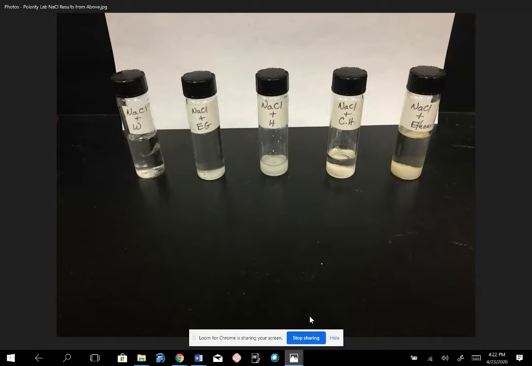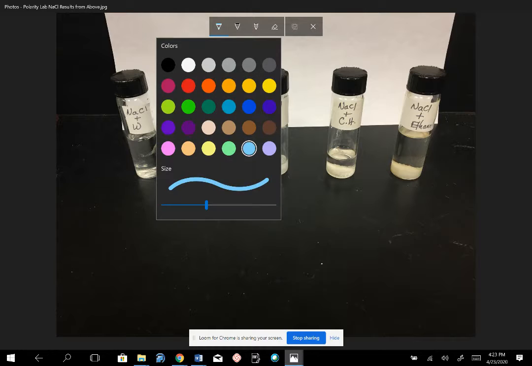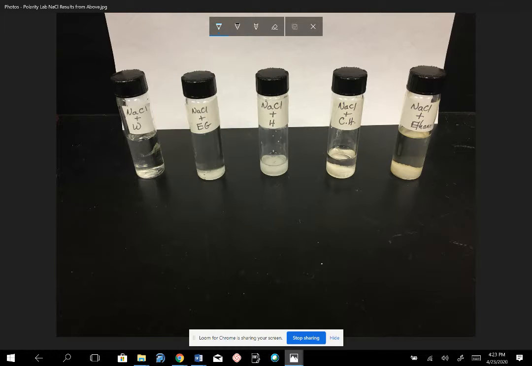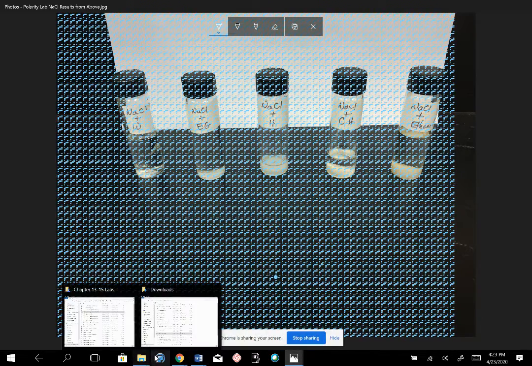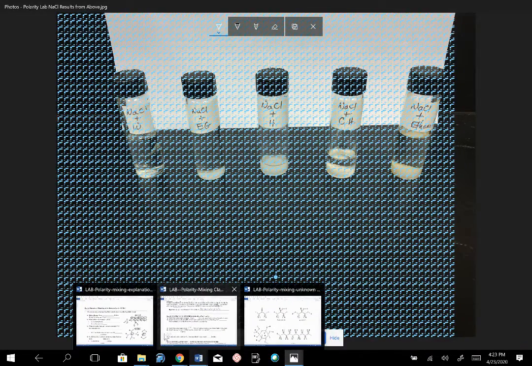And you should be able to see, where's my pen? So you should be able to see that with the water, there's nothing on the bottom of the vial. So the water is completely, oh, what the heck happened there? Completely soluble. Let's try to go back and see if that's going to fix it.